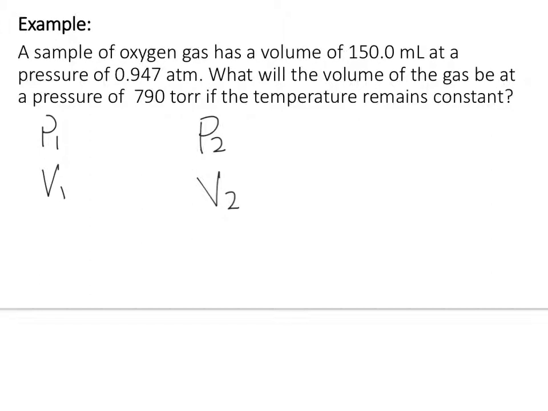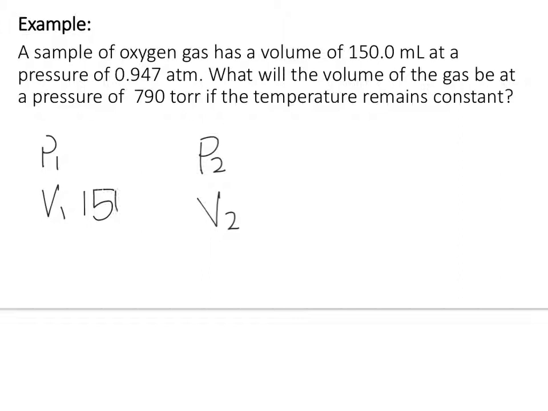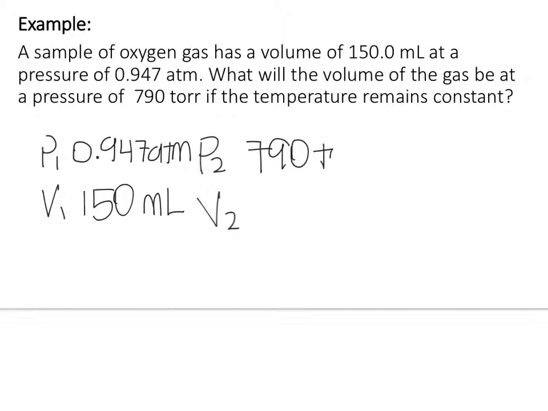So we have 150 mL at 0.947 atm. And we have, we're not sure, and our new pressure is 790 torr. And we're looking for a new volume.